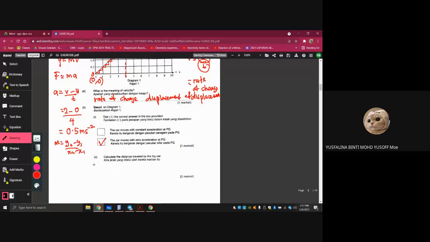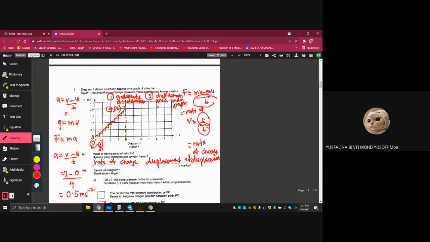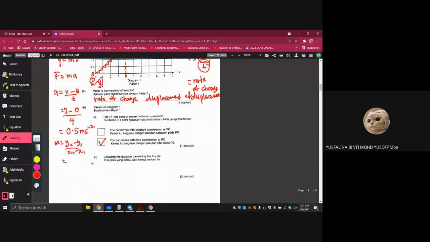Let's label this one x1, y1, and this one x2, y2. So 2 minus 0 divided by 4 minus 0, right? You still get the same answer, 0.5 m s^-2. That's the example if the question asks you to find the acceleration from O to P.